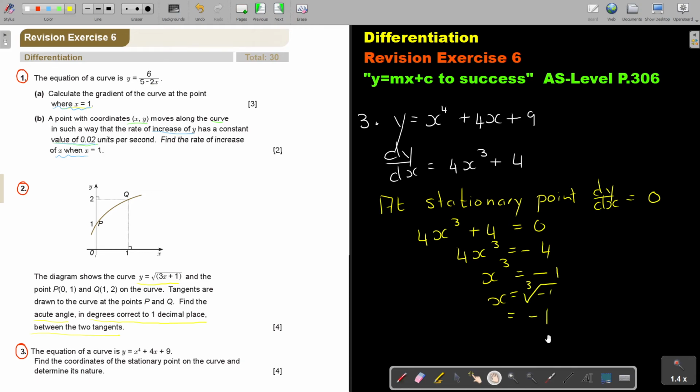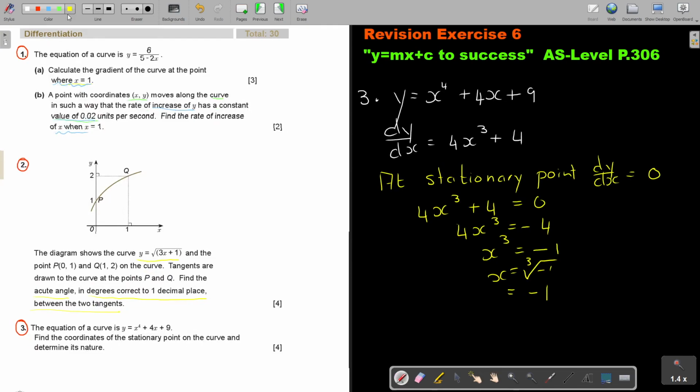Now I'm just going to substitute it into the original. So y is equal to negative 1 to the power 4, plus 4 times negative 1, plus 9.